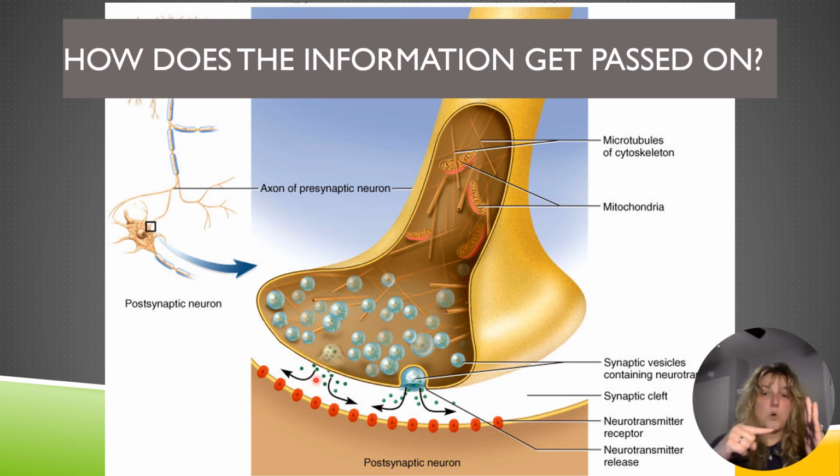So it gets to a point with ALS that the neurotransmitter just can't jump the cliff anymore. It can't jump across. And if it can't jump across, then the signal starts to slow down and completely stop. That is a terrible, terrible disease if you're familiar with it at all.